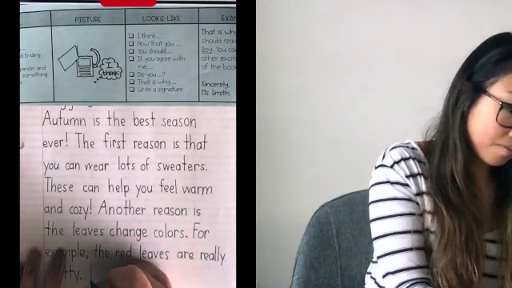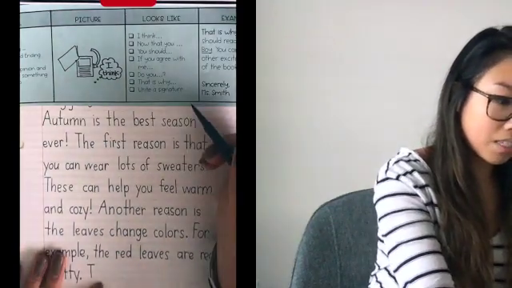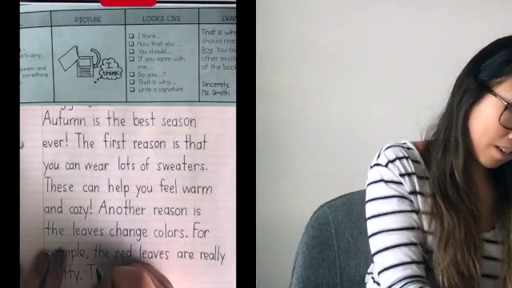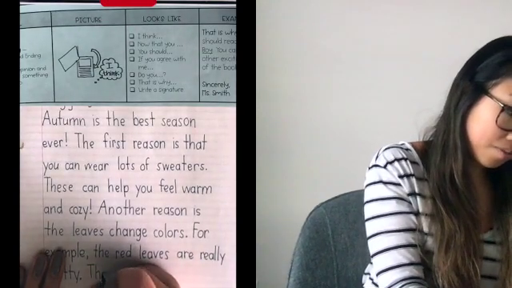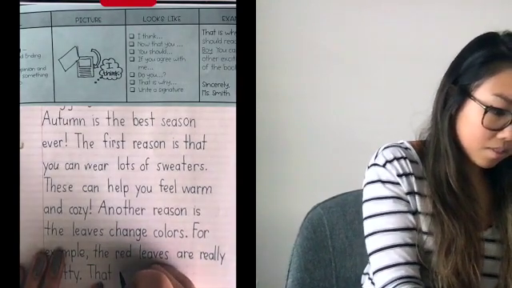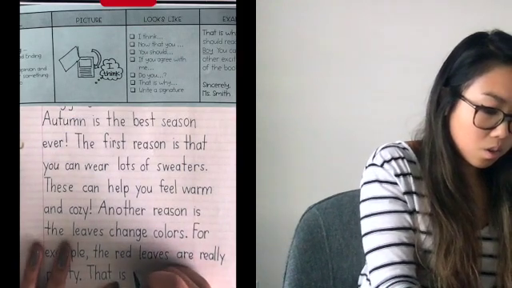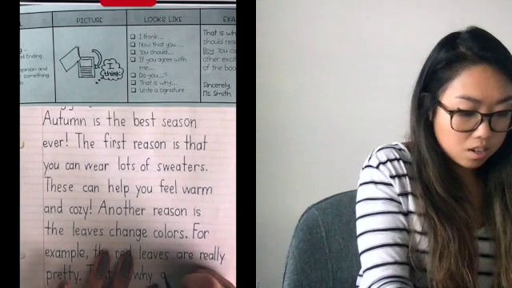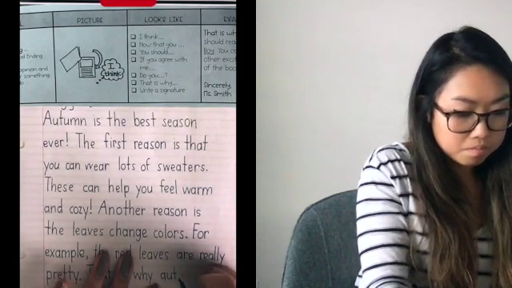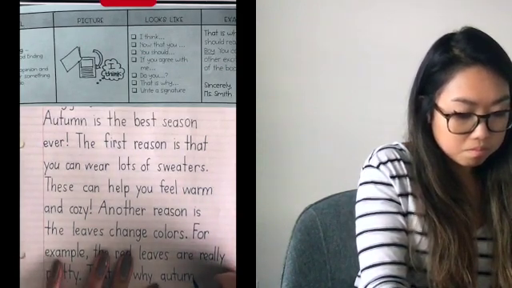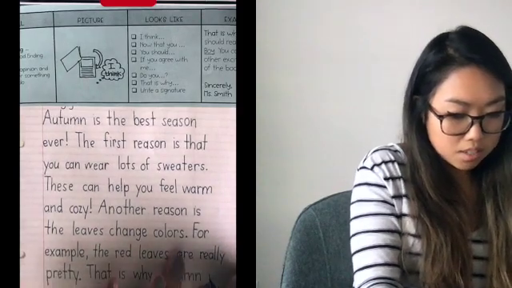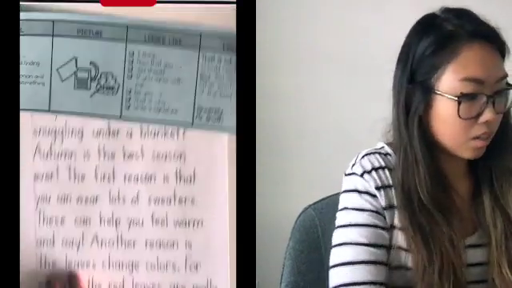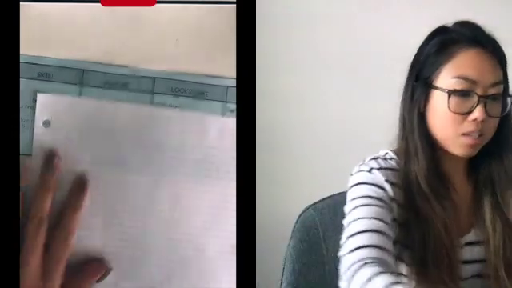Remember, friends, I already spelled it up here, so I know how to spell it. That is why autumn is, I ran out of space, so I'm going to grab my next paper.